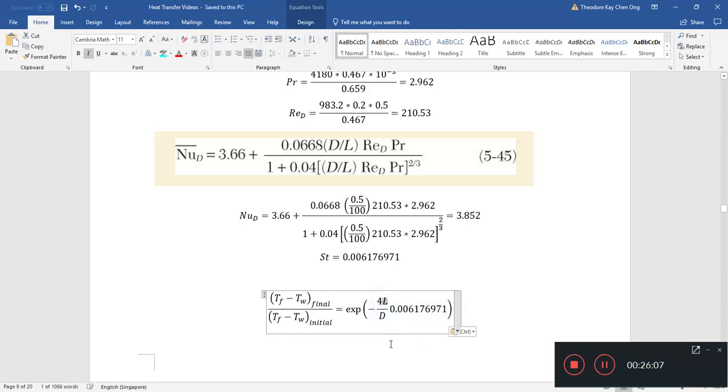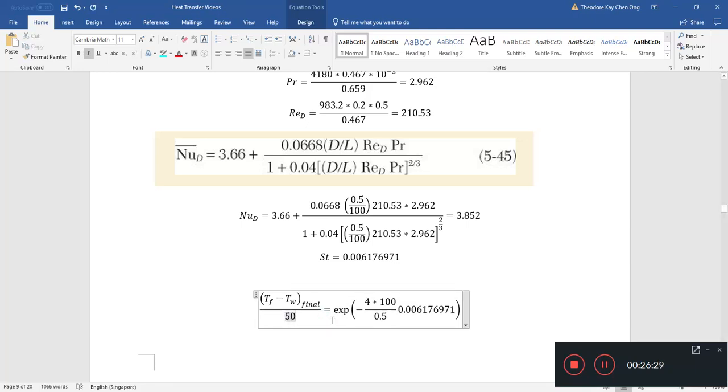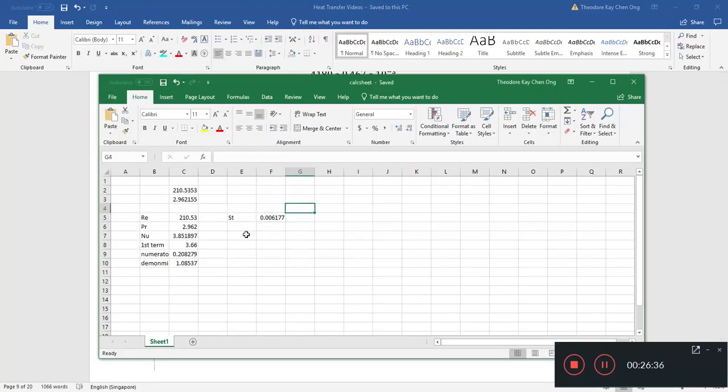L over D. What's L? 100, divided by D, which is 0.5. What's the initial fluid temperature? It is 80. Wall temperature is 30, so this is 50 degrees. So let's look at our final temperature and let's just calculate this exponent.